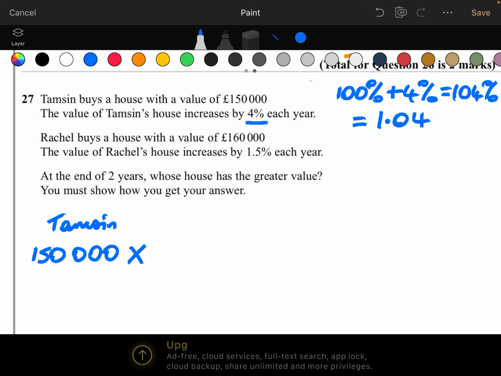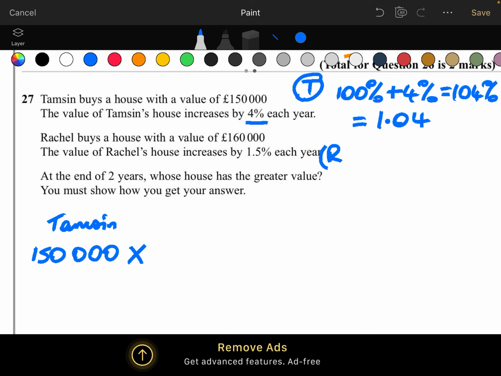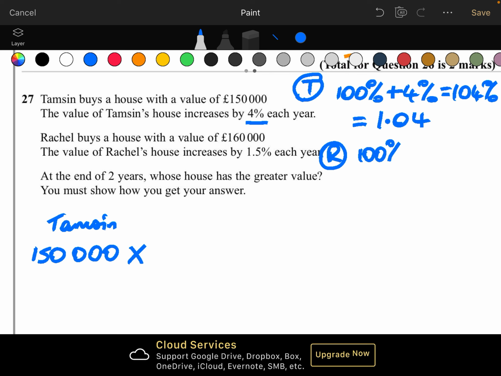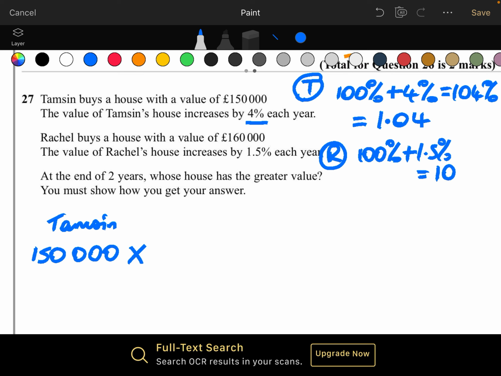For Rachel, she's got 1.5%, so 100% original plus 1.5% gives me 101.5%.